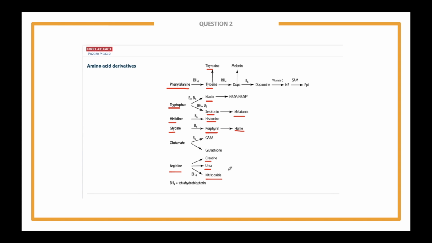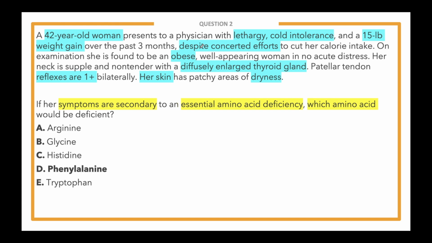So let's go back to our vignette, our question. This was a lady who has some classic symptoms of thyroid dysfunction: cold intolerance, weight gain, dry skin, classic signs and symptoms of hypothyroidism. So this patient may not be synthesizing enough thyroid hormones, okay?